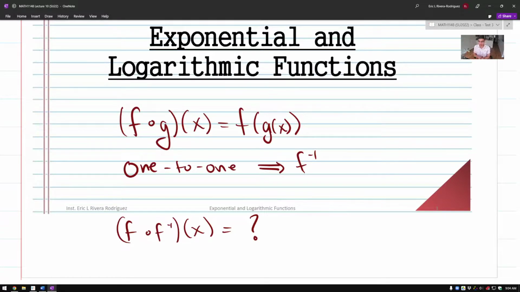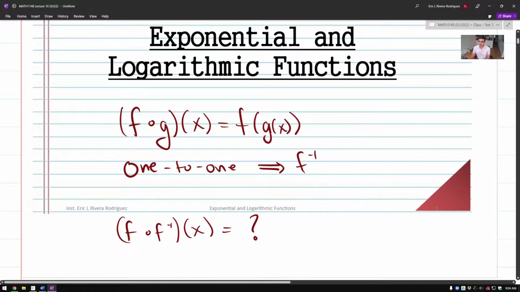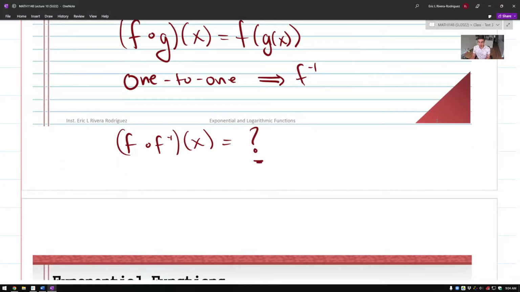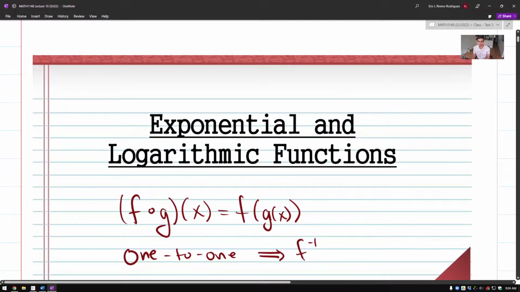Those are questions that are going to be important for today, because now we are going to be working with exponential functions and logarithmic functions.